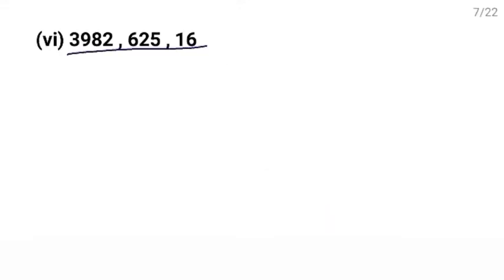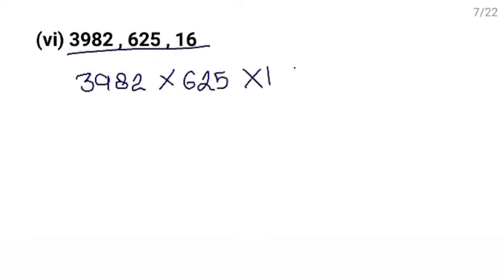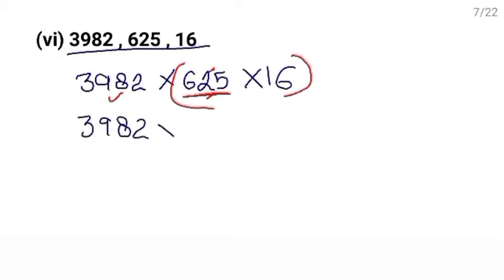Next, again multiply these three numbers. 3982 multiply 625 multiply 16. This is the multiple of 5. So I am going to group this number with any even number. This is a very large number, so I am not going to group it with this number. I will group with 16. Now 3982 multiply. When you multiply 625 by 16, you will get 10,000.